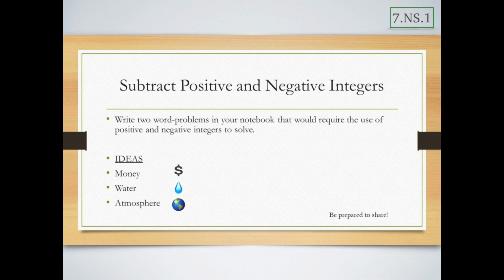Or the atmosphere, maybe you're way up near outer space, and then you get in a, what are those called, hang glider, or a parachute, or some sort of device where you're getting closer to Earth and you would subtract some feet. But come up with some clever word problems for us and have some fun with it. Write those in your notebook, and as it says in the bottom right corner there, be prepared to share.